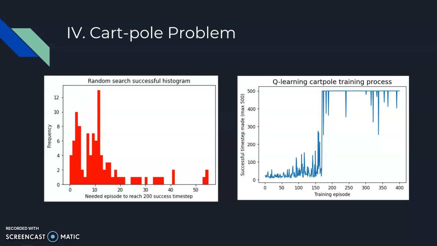This is because for the CartPole problem we need a larger number of time steps for each episode, and the Q-learning algorithm has a smaller number of time steps than the random algorithm. So the random algorithm takes more steps and is better for this problem.